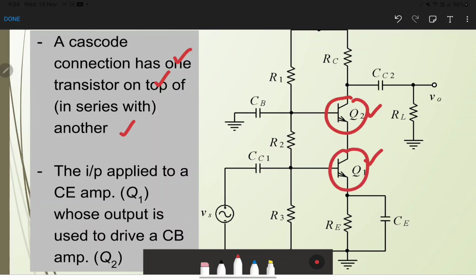The input is applied collector to emitter. The input for the second transistor is from the collector leg of the first transistor, and the output will be measured on the collector leg of the second transistor. Our input voltage AC source will be inserted on the base leg of the first transistor.